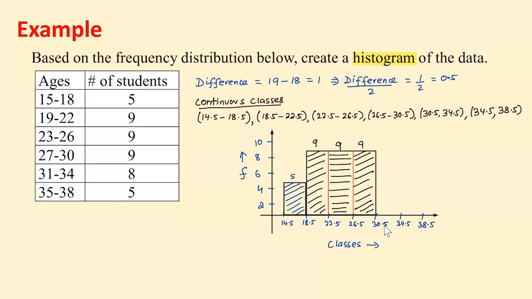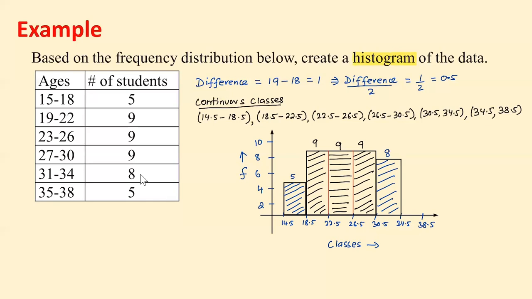Okay, now the next class is this one, 30.5 to 34.5. The frequency is 8. So there we draw the vertical bar again with the height of 8, which is a little bit smaller than 9. So 8 should be something like that. Okay, let me set that and write down the value up here.